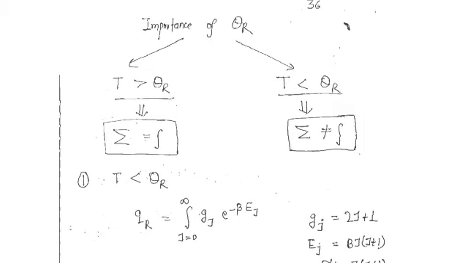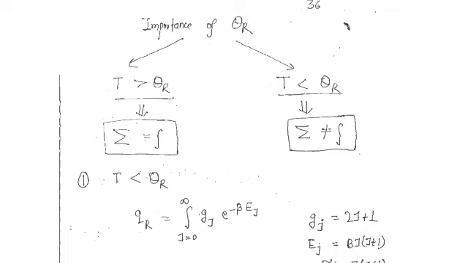What we are looking at is theta r, the characteristic rotational temperature. What is its importance? We have to understand this.